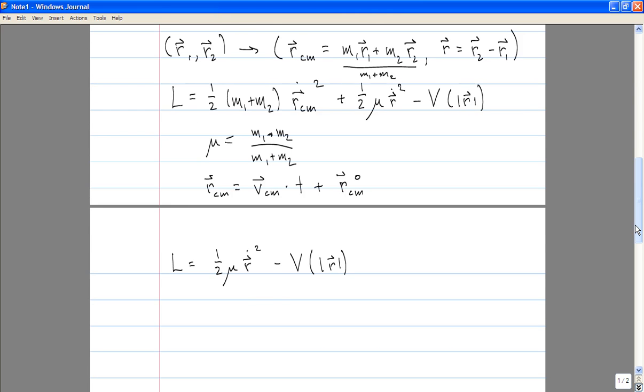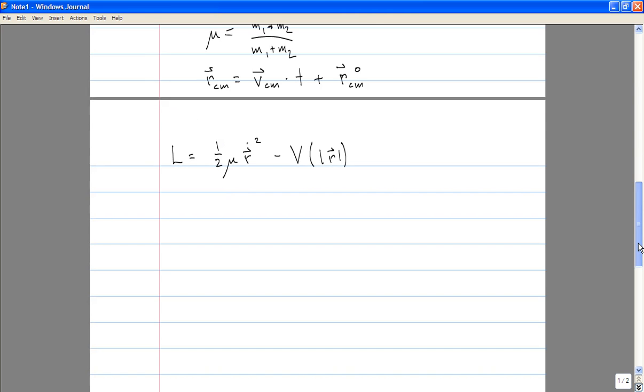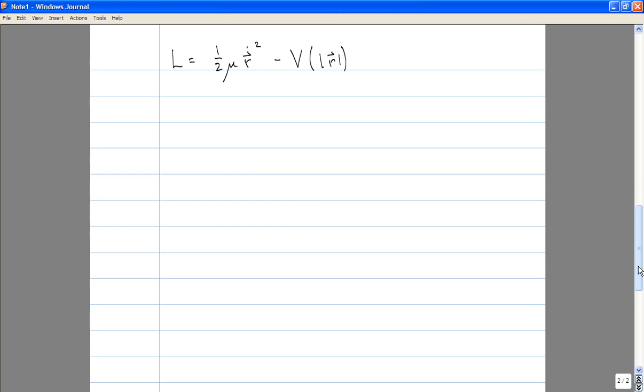The other slightly more sophisticated use of Noether's theorem involved the conservation of angular momentum. So we noticed that this action is rotationally invariant because it only depends on the length of the velocity vector r dot and the length of the vector r. So it does not depend on a rotation of the coordinate system.